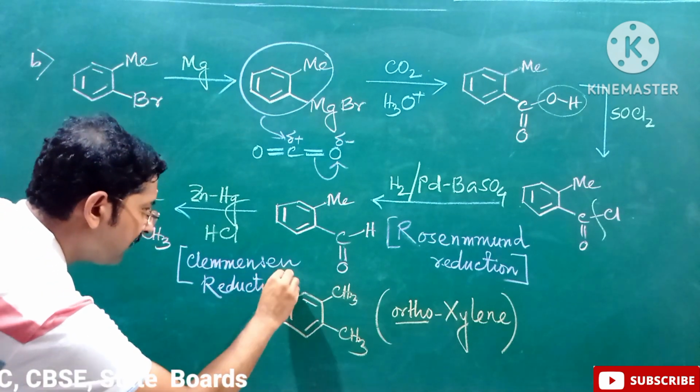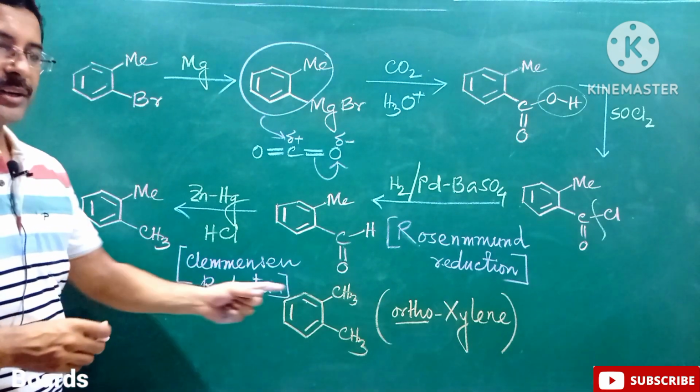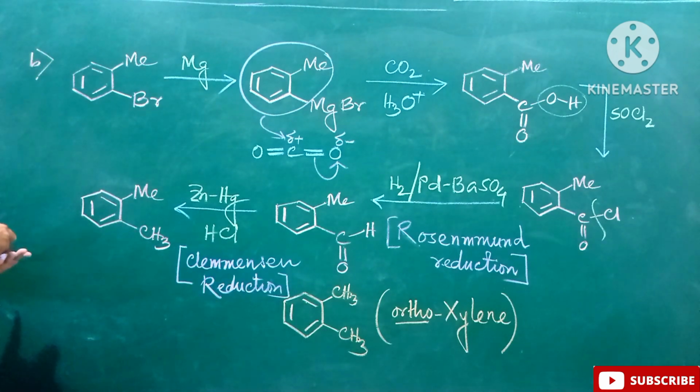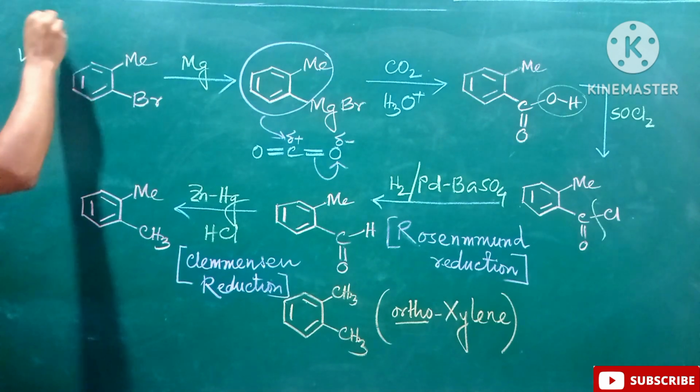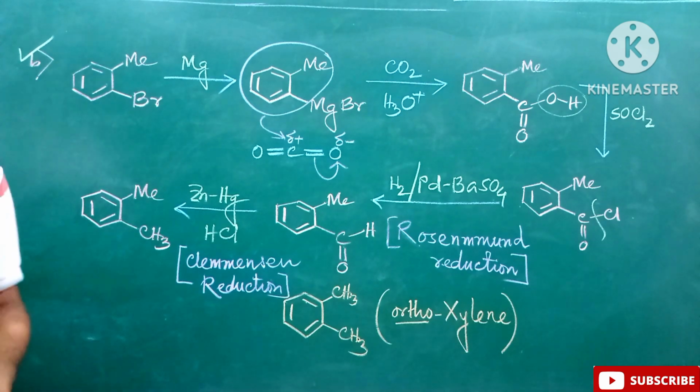Our end product is again orthoxylene. So of course B is again the correct option, right? So both A and B are the correct options.